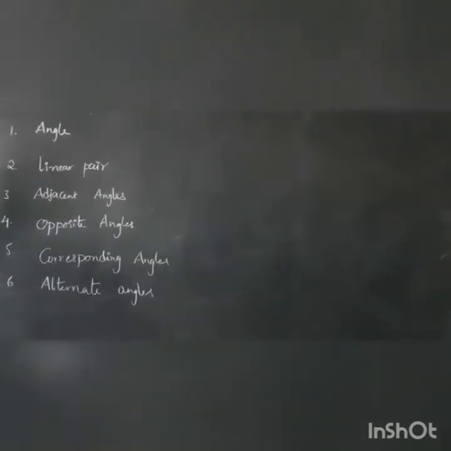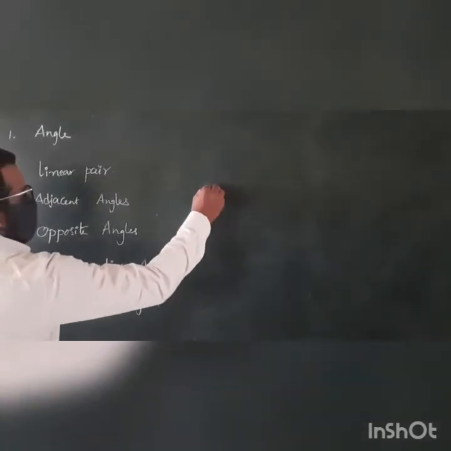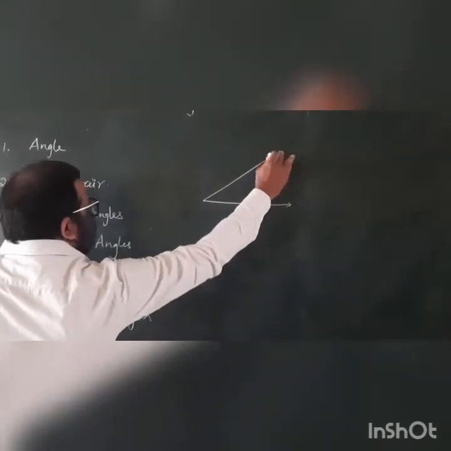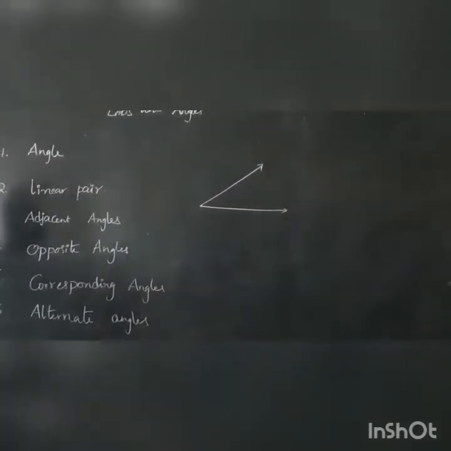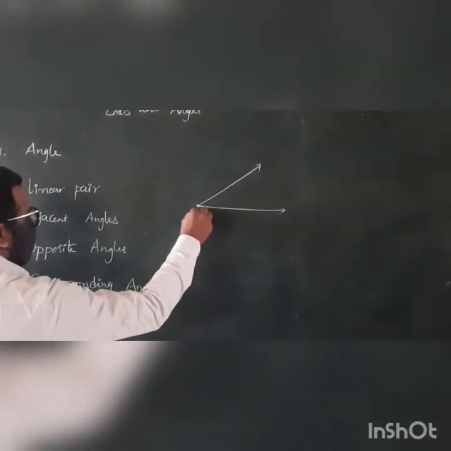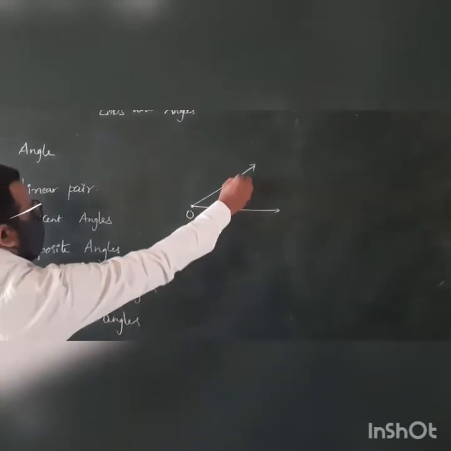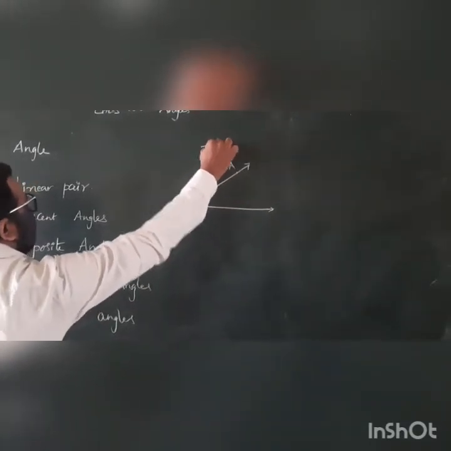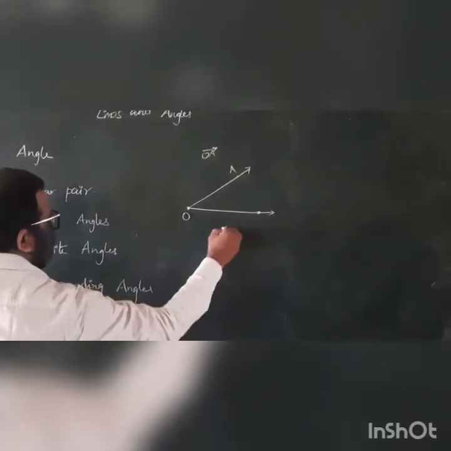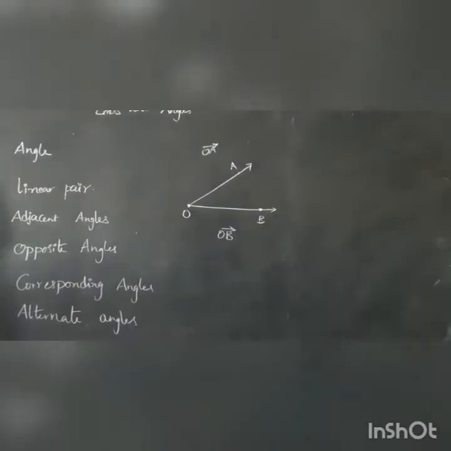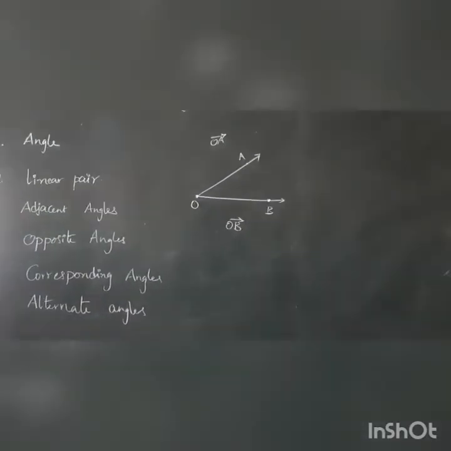Okay? And do you know what an angle means? If we take two rays from a common vertex, they form an angle. Let this be O and this be A. OA is one ray and OB is another ray. So we have taken two different rays, but what is the common point there?